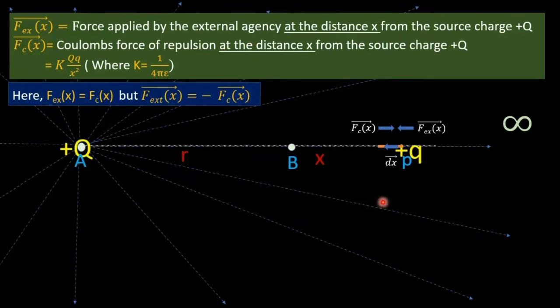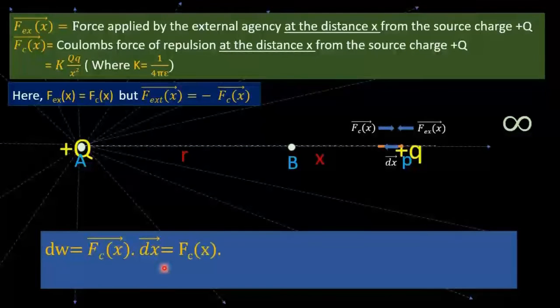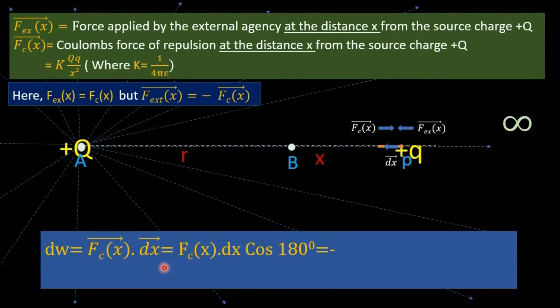Now we can find the work done by the external agency in displacing the test charge by the small distance dx. So it is the dot product of the Coulomb's force and the displacement.